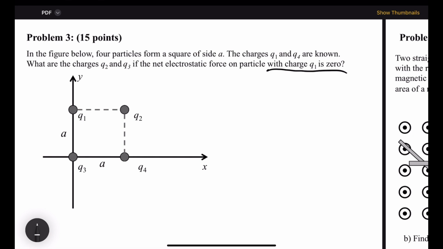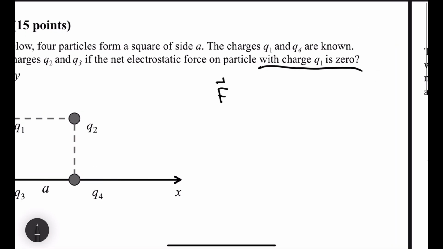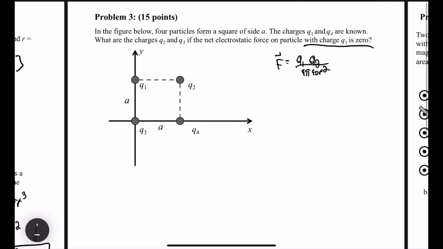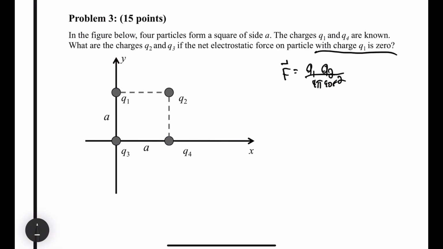So basically we need to find what values of Q2 and Q3 make the forces cancel out. So this is Coulomb's law, which remember is the force Q1, Q2 over 4 pi epsilon naught r squared. And it wants the center of attention to be at Q1. So it doesn't say any of them are negative, so we just assume they're all positive.